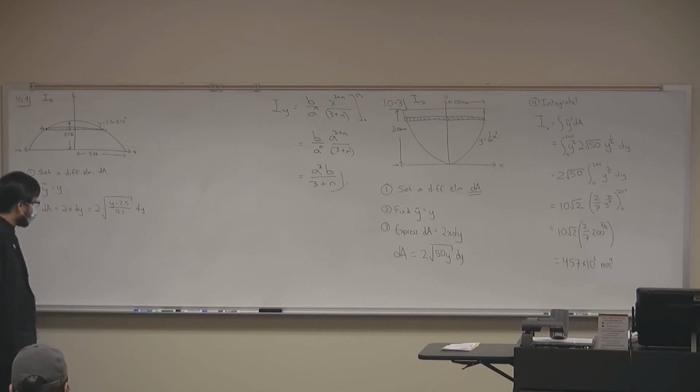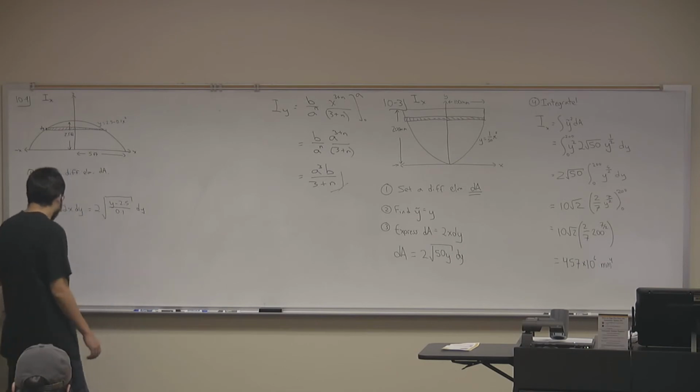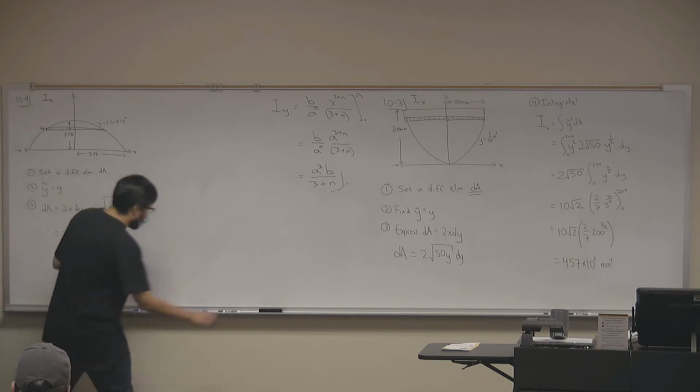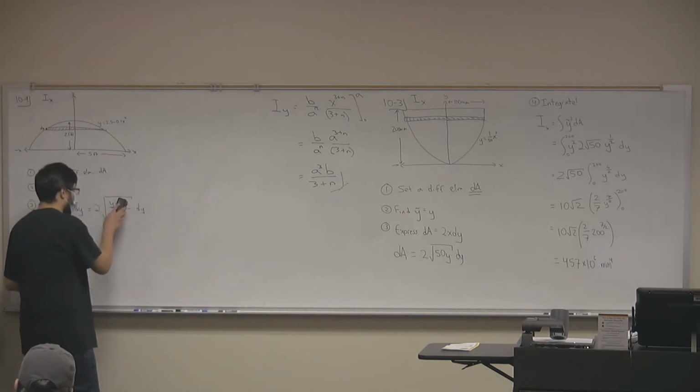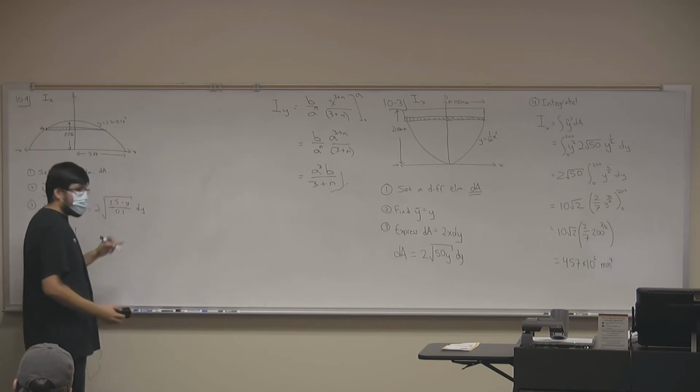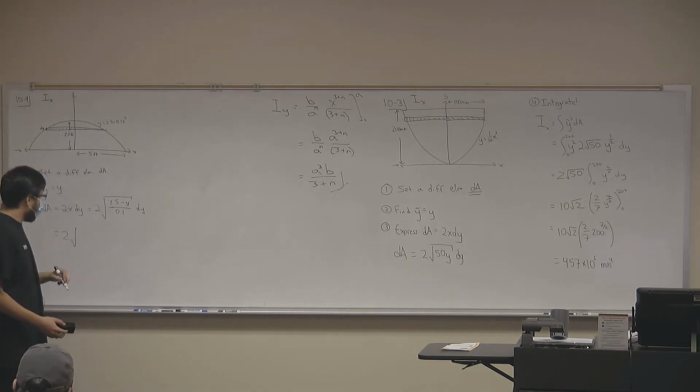Is that correct? Shouldn't there be a negative somewhere? Yes, it should be 2.5 minus y. Like this, Jared? I would agree. Yes. Okay, there we go.